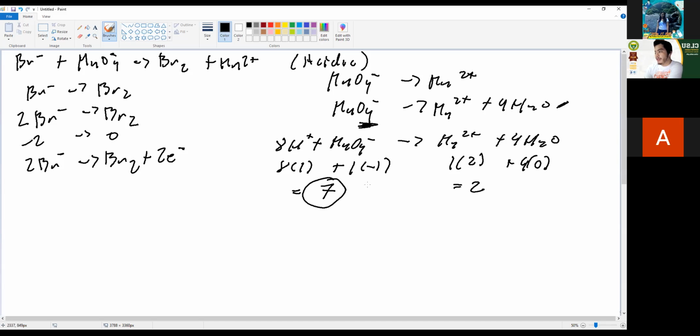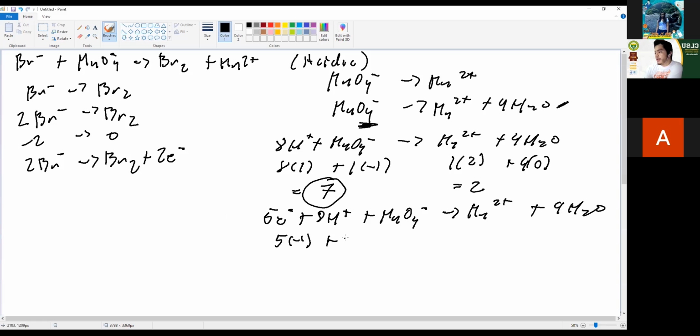So, para maging 2, dadagdag tayo ng 5 electrons. So, 5 electrons plus 8H plus MnO4 negative will yield Mn2 plus 4 water. Check natin charge. So, 5 times negative 1 plus 8 times 1 plus 1 times negative 1.